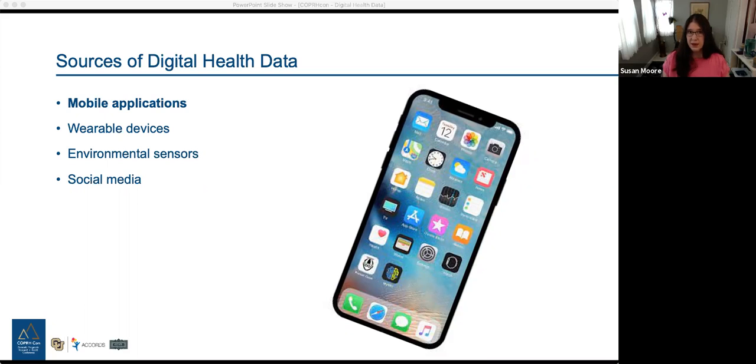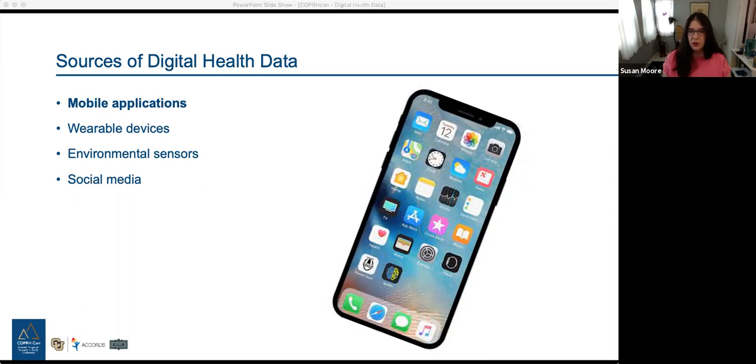So when we're thinking about this in the context of mobile applications, there are generally two large types that you run into. The picture that I have here on the screen is of an iPhone. So this is the iOS platform. And the other predominant platform is Android. Those are the more Google-based phones for those of you who use those.